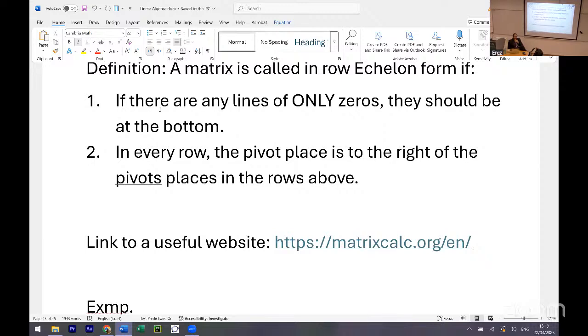You learn about the connectors, implication. If the left side of an implication is false, then the whole implication is true, right? So that's the case here. I say if there are lines of zero, then, but since there are no lines of zero, there is no problem at all.